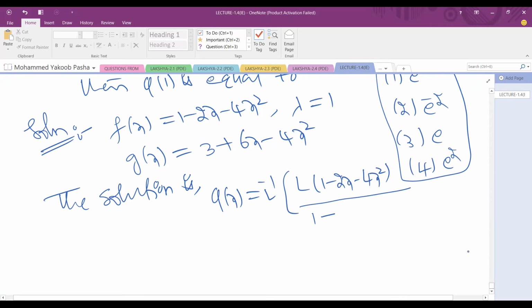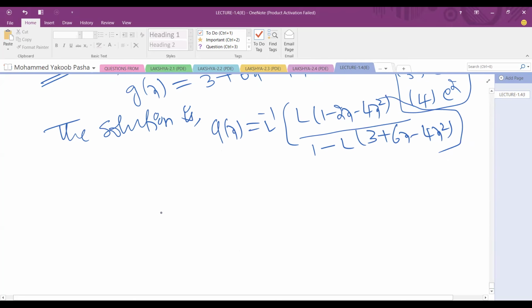Lambda is equal to 1. Okay. L of g of x, that is 3 plus 6x minus 4x square. This is L inverse of, so this is equal to L inverse of, what is the value of L of 1?